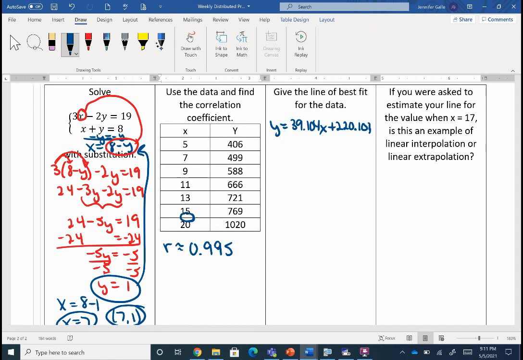So this would be interpolation, because it falls inside the bounds of our data. So it'd be linear interpolation. If it was something smaller than 5 or bigger than 20, we would have extrapolation.